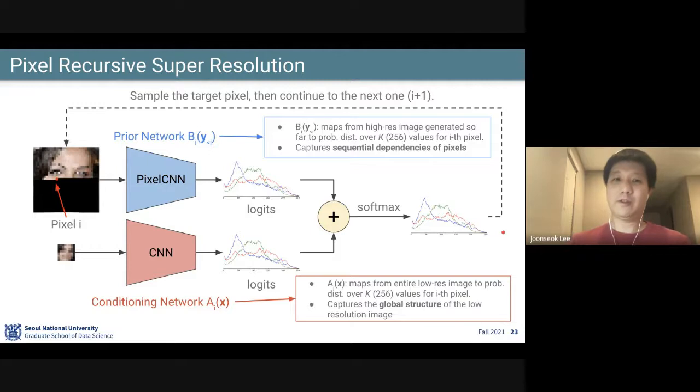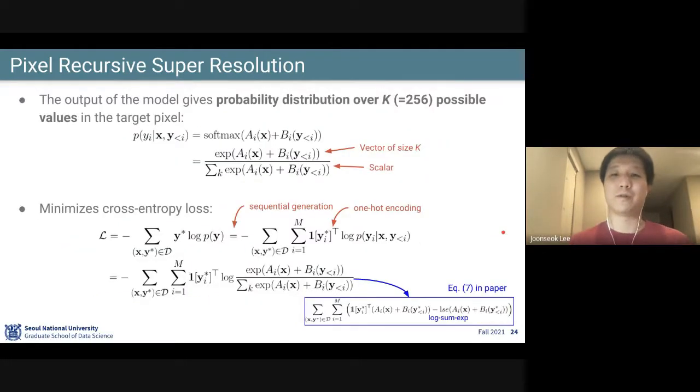Okay, so let's see how it actually works with some more details. It looks complicated, but it's not. This paper is well written compared to the previous one. The output of this model gives the probability distribution over all possible values for each target pixel. So the probability of the next pixel given the previously generated pixels and the input low resolution image, right?